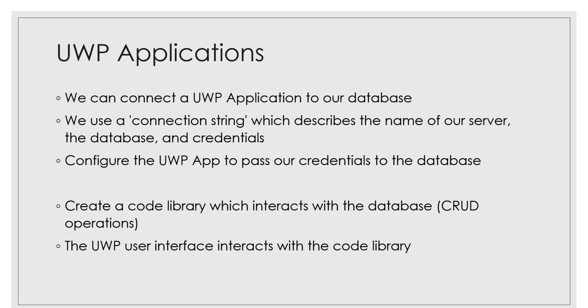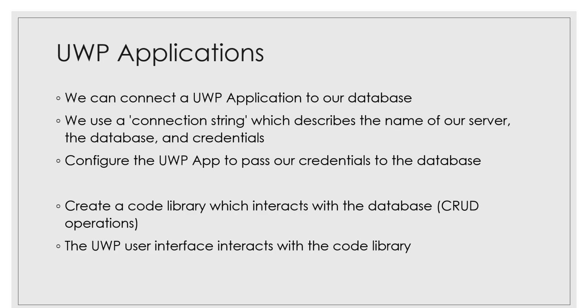Anyway, all right. So we're going to connect our UWP application to our database. Yeah, finally see our work pay off in some way. We need a connection string. That describes where the database server is, how we're going to connect to it, how we're going to authenticate, and everything else, right?